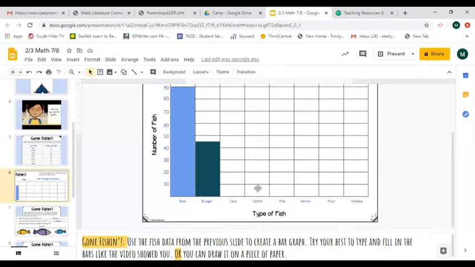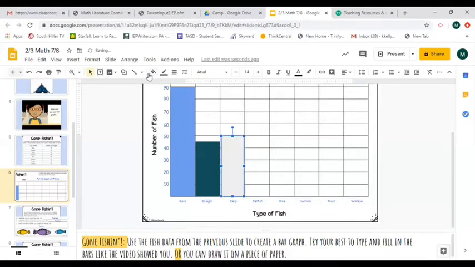Looking pretty good. The next type of fish is carp, and we caught 50 of those. So this time I'll go all the way up to the 50 line, not past it. Start down here at the bottom, and I'm at the 50.